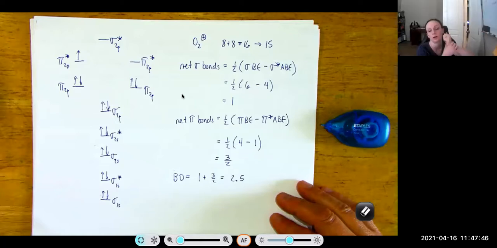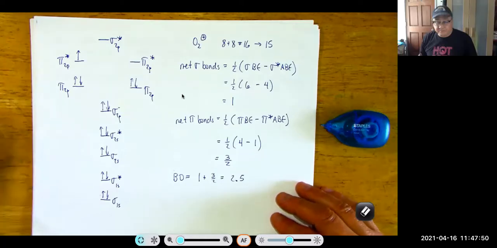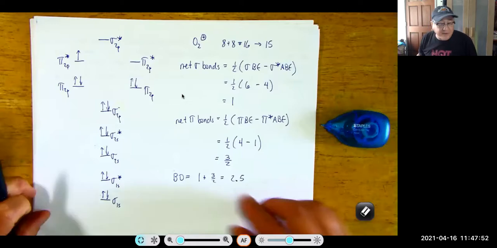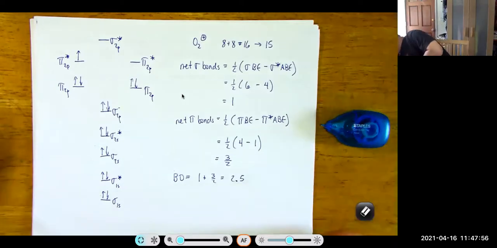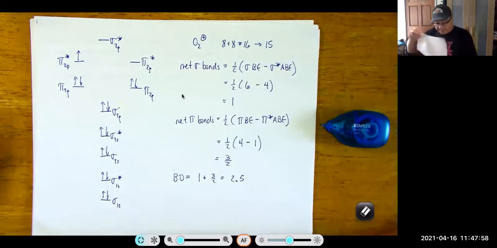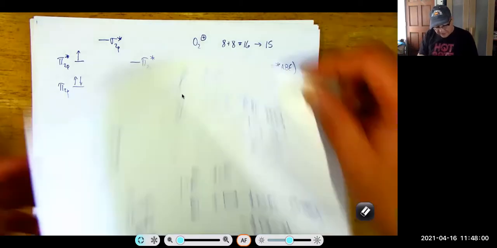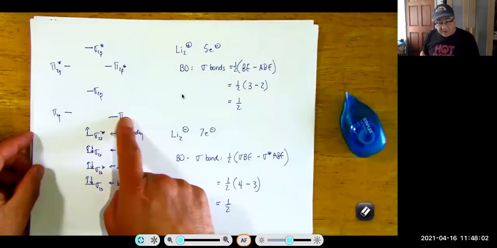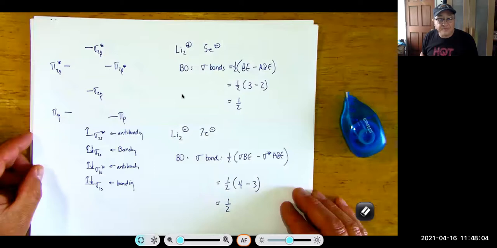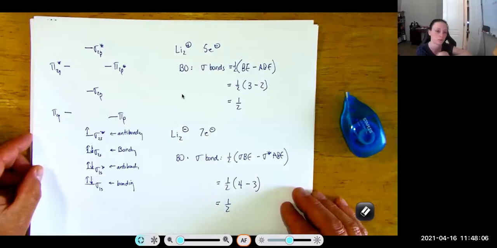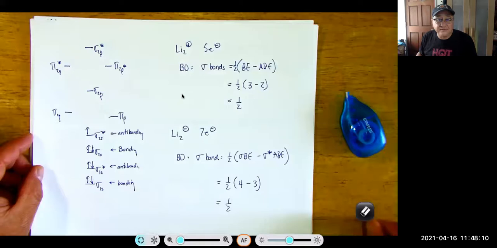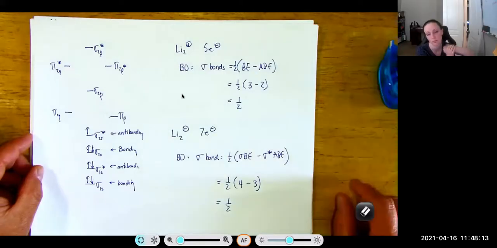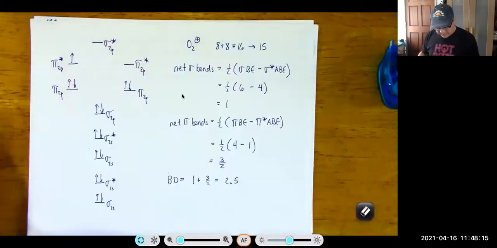For overall, we first get the net and then add them up. And sometimes your net number of pi bonds is 0. Like here, we didn't even look at pi bonds because there were no pi electrons, were there? So technically, what is your net number of pi bonds when there's no pi's? 0. And we don't like to talk about zeros because they're boring.